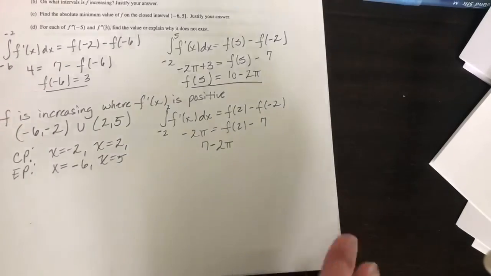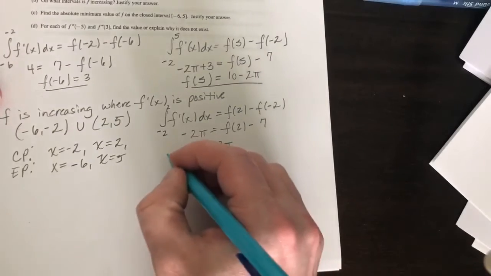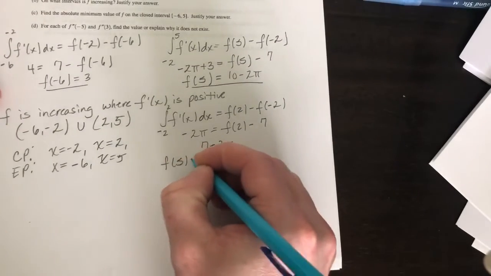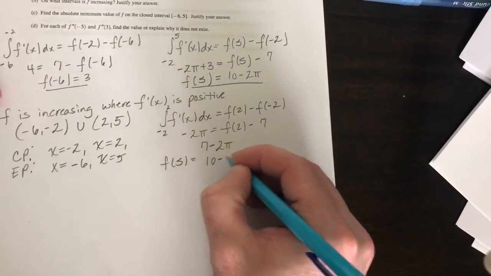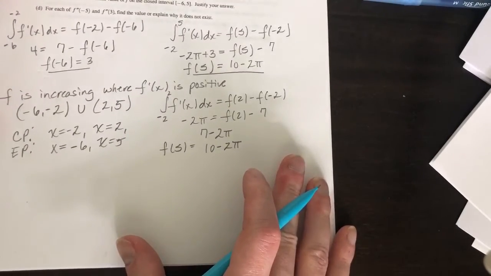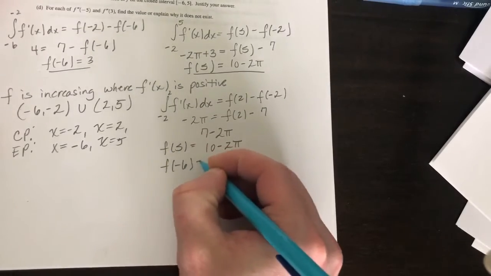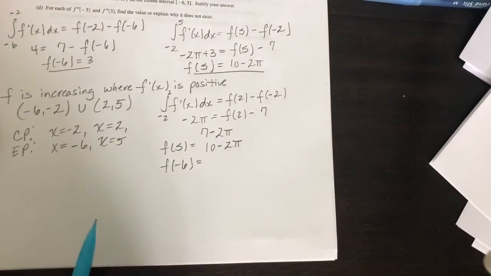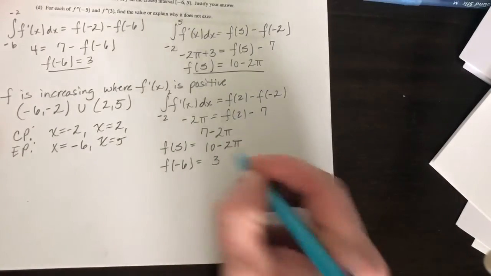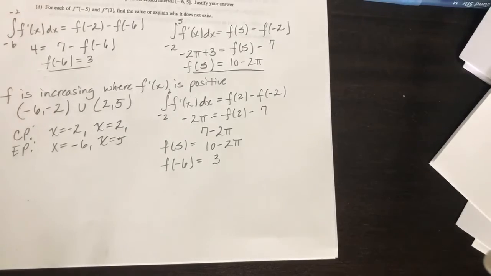Okay, f of 5 already found. So f of 5 is 10 minus 2 pi. What else do we need to do? F of negative 6. So f of negative 6 is 3. And is that it? Yeah, that's all we have to consider really.